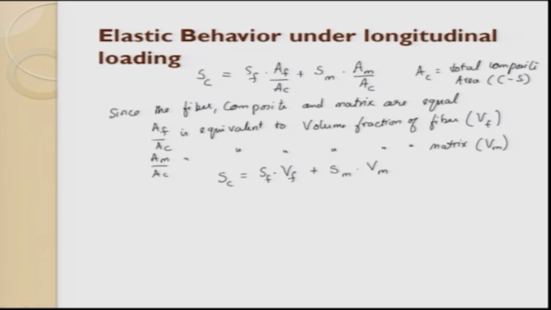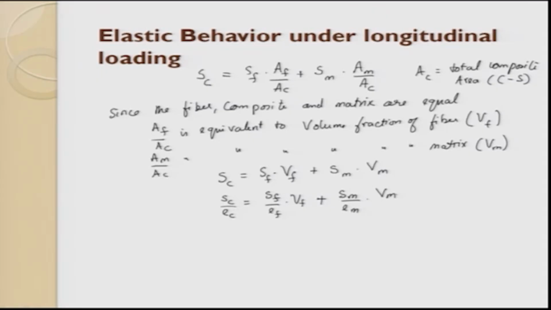I said about the isostrain condition. So SC divided by EC is equal to SF divided by EF into VF plus SM by EM into Vm.